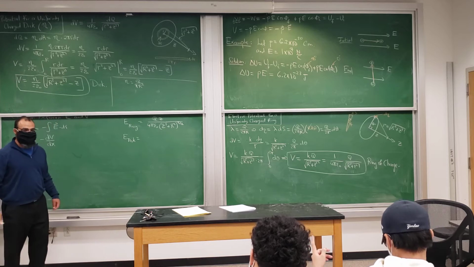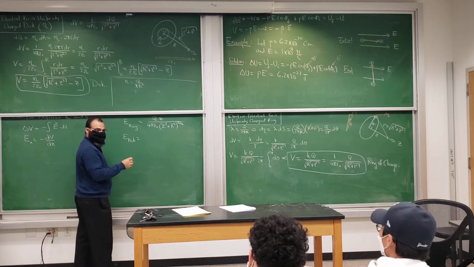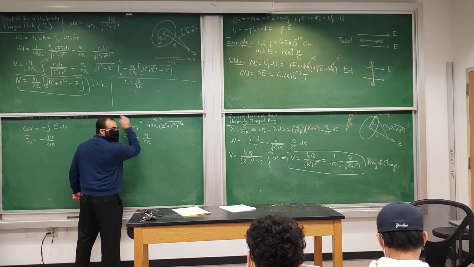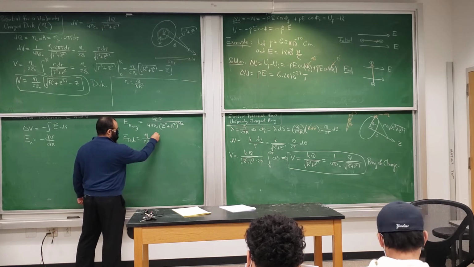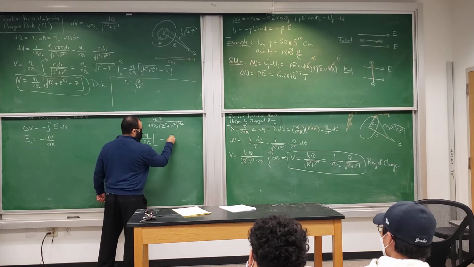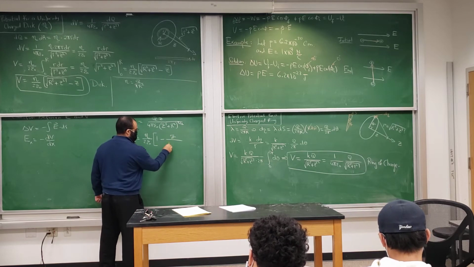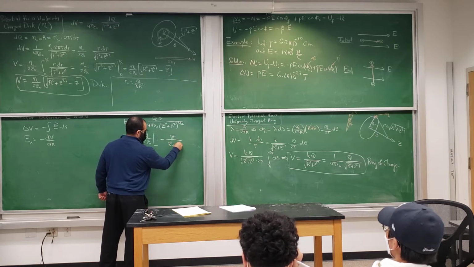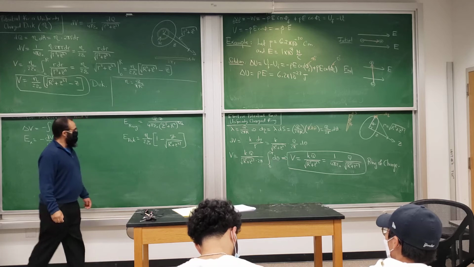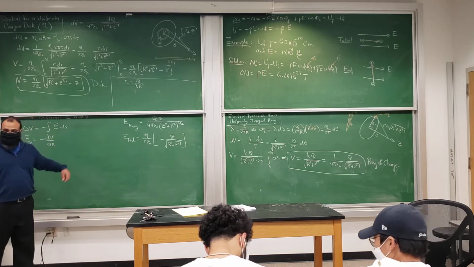And for the disk, eta over 2 epsilon naught, and then bracket, 1 minus z over the square root of r squared plus z squared. Like this? Yeah. Okay.